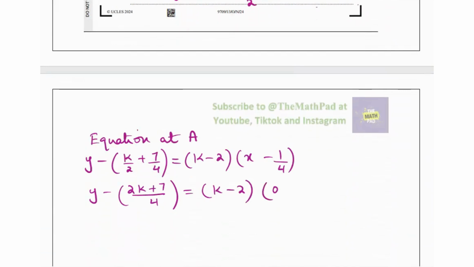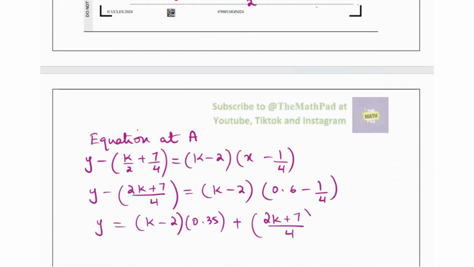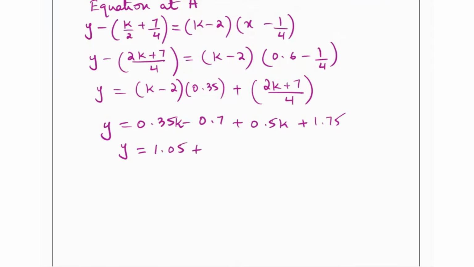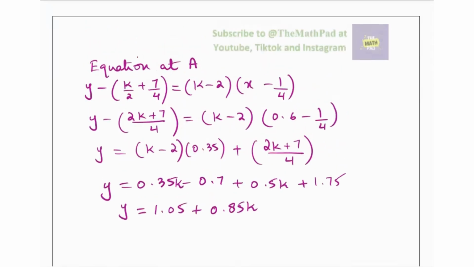Substitute the value of x. Now it's going to be 0.35k minus 0.7 plus 0.5k plus 1.75, which simplifies to 1.05 plus 0.85k.